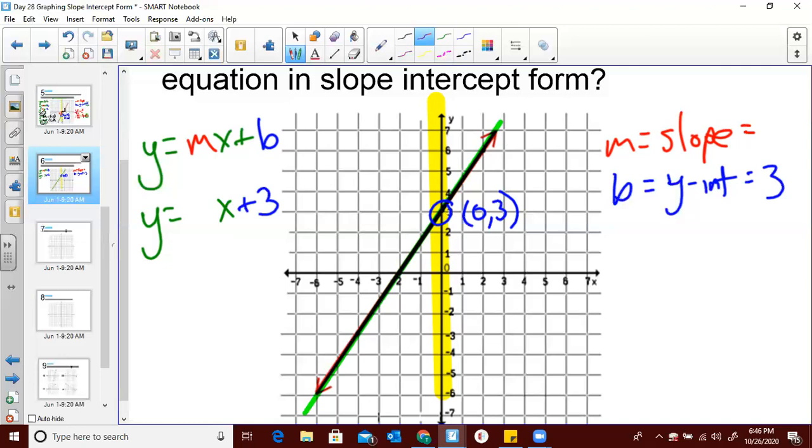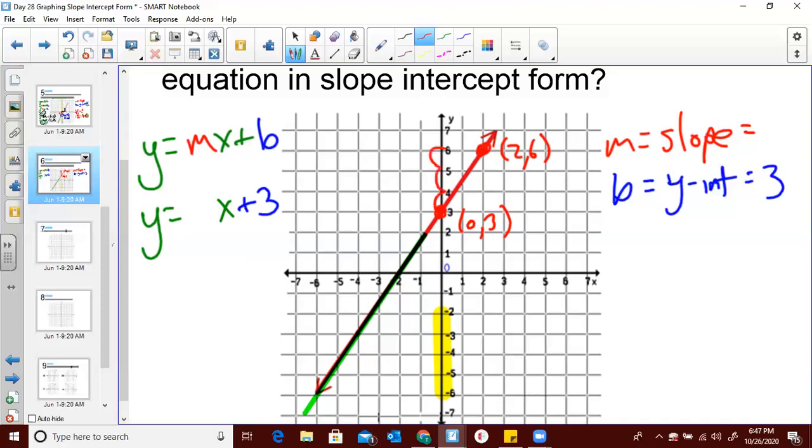Well, if I'm starting at this point, 0, 3, I want to look for the next point where this line crosses an integral point, where two integers intersect. And that looks like it's going to be right here at the point, what is that, 2, 6. All right, so we're going to come up 1, 2, 3.